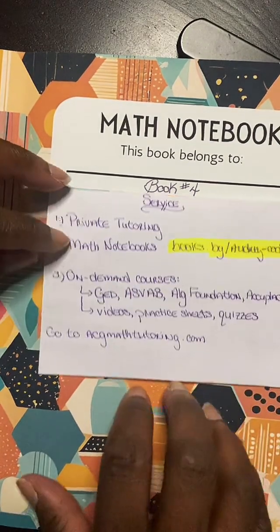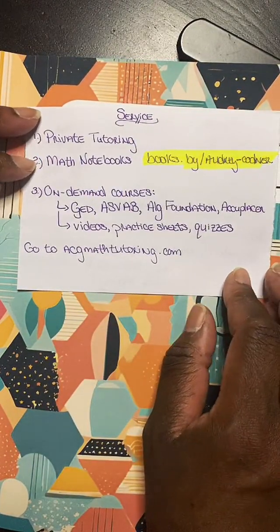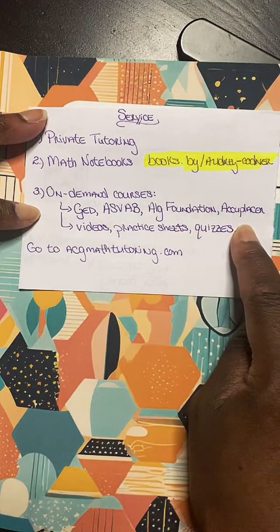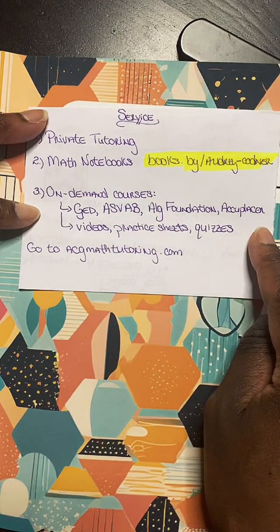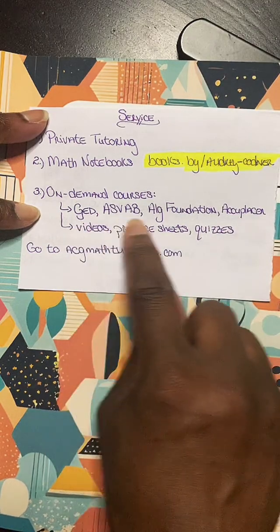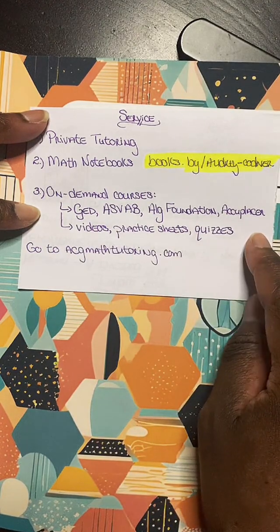But if you want to work by yourself, I have on-demand courses, because I know everyone's schedule is all over the place. I have one for GED, the ASVAB, algebra components, as well as the ACCUPLACER.